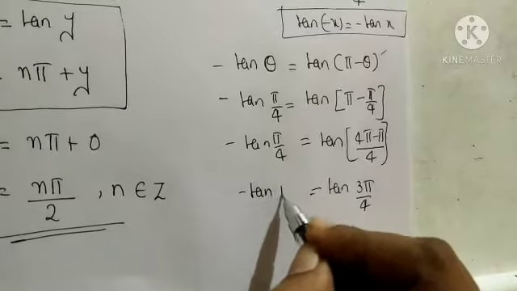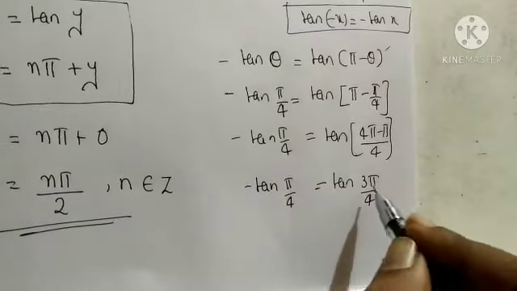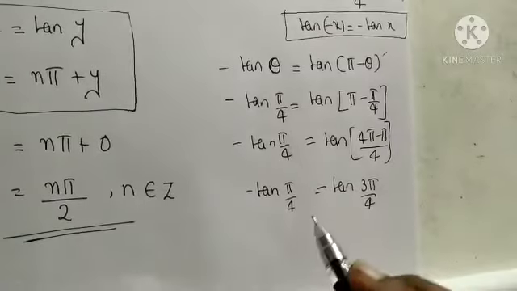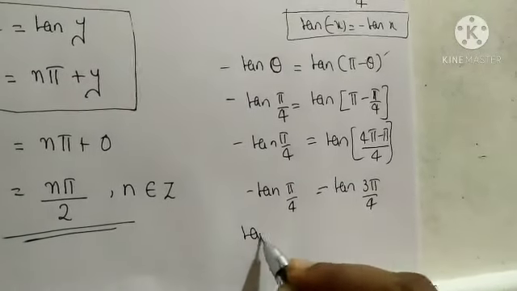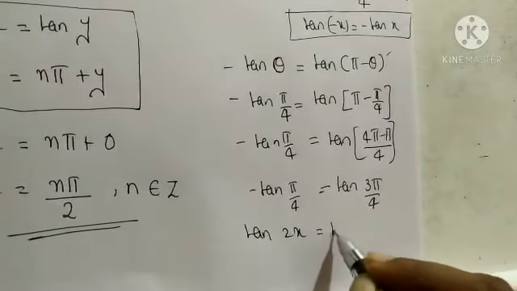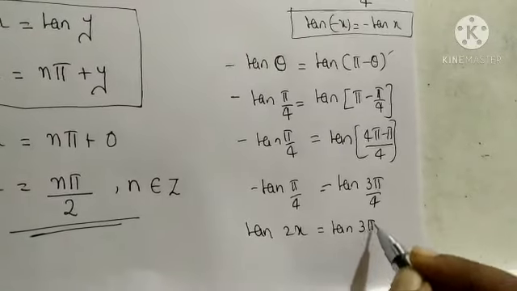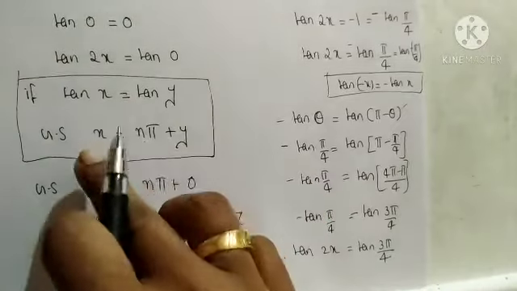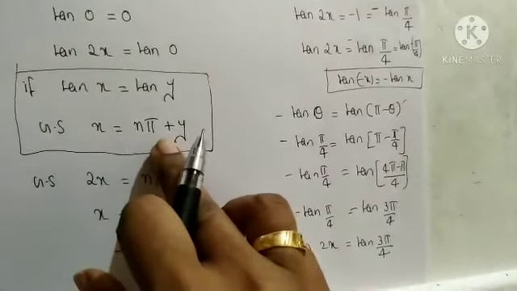Minus tan pi by 4 is equivalent to tan 3 pi by 4. In the general solution case, here we get tan 2x is equivalent to tan 3 pi by 4. Similarly, if tan x equals tan y, the general solution is x equals n pi plus y.